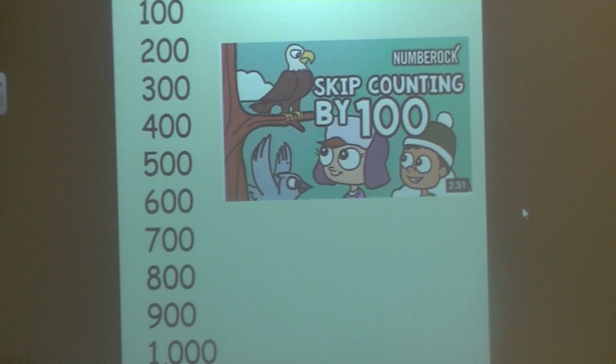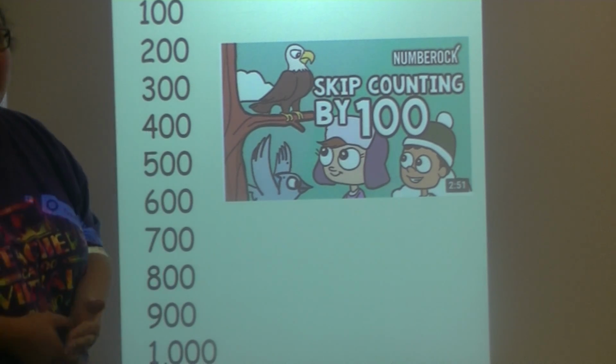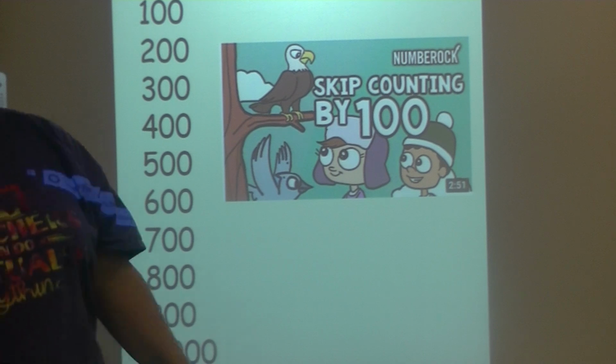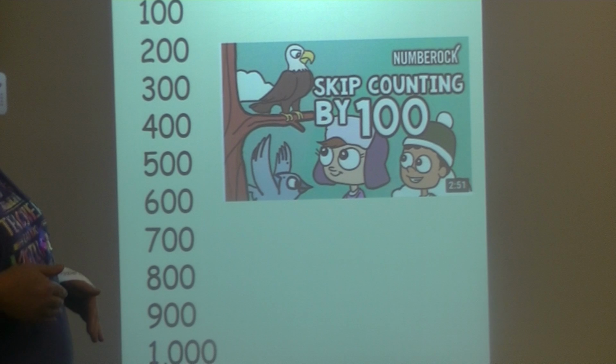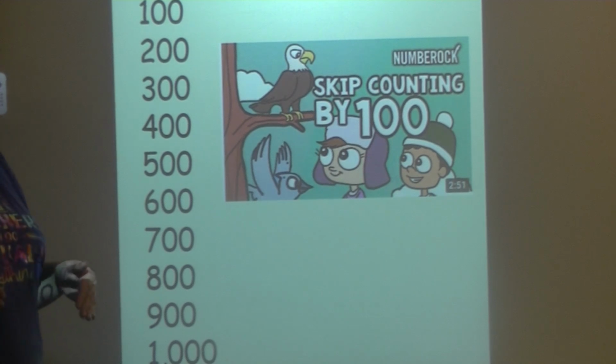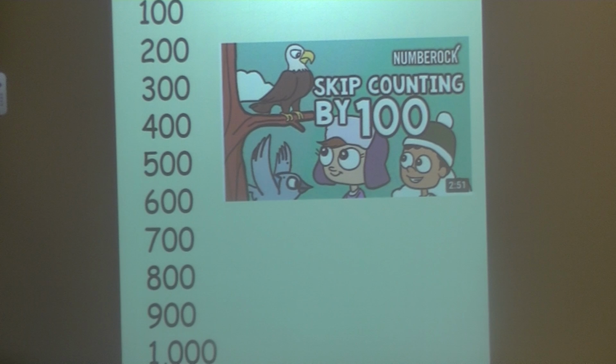Alright, this is where we're going to work today, because we are adding a lot of hundreds right now. And I think this is the one we need to practice the most right at the moment. Counting by hundreds. Alright, let's count by hundreds to 1,000.